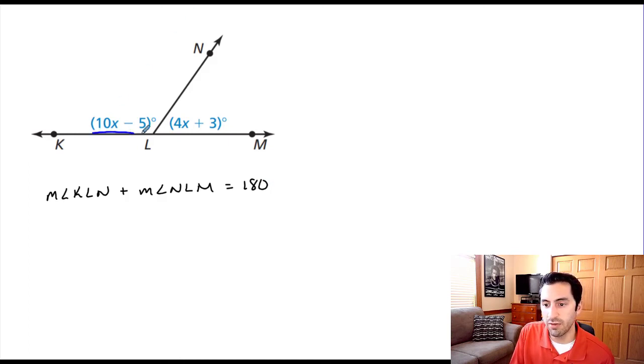So over here on the left, that's our first angle, KLN, so 10x minus 5. Over here on the right, our angle NLM, so that's represented by 4x plus 3. And altogether, this is 180 degrees.